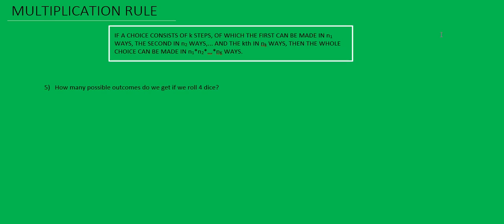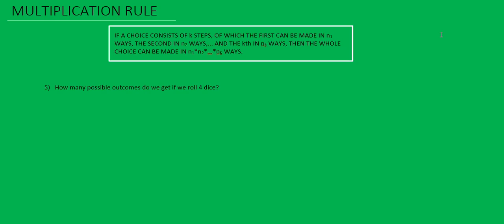So basically, this rule tells us that if our choice consists of more steps than just 2, 3, 4, 11, 100, the principle is always the same: multiply the possibilities of each step. Of course, that is if you want to avoid spending eternity in counting branches one at a time.